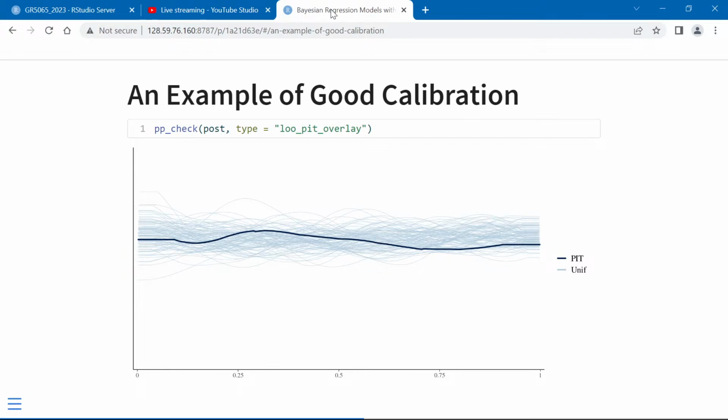whatever. But when you have the right Pareto k estimates, then you can do this plot that we were talking about last time. Last time when we were doing the national election study thing, it did not look so good. This one looks pretty good. So you certainly can achieve good calibration.